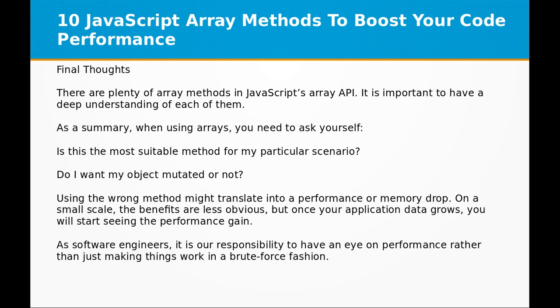Using the wrong method might translate into a performance or memory drop. On a small scale, the benefits are less obvious, but once your application data grows, you will start seeing the performance gain. As software engineers, it is our responsibility to have an eye on performance rather than just making things work in a brute force fashion.